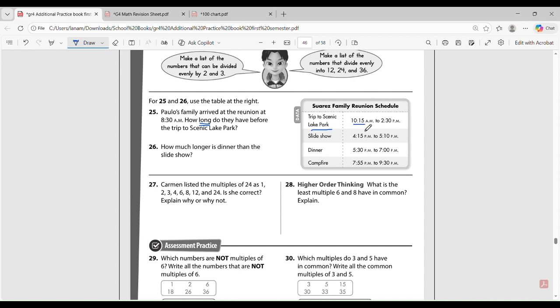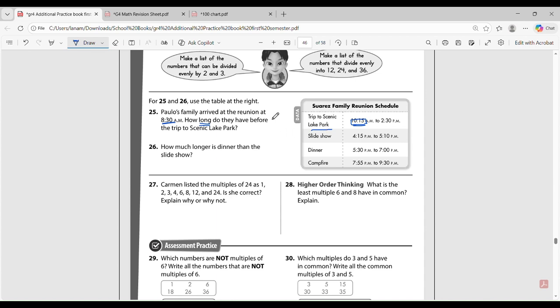So the start of the trip is 10:15. They arrived at 8:30. What is the duration of time between 8:30 and 10:15?